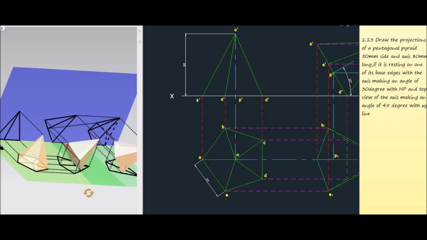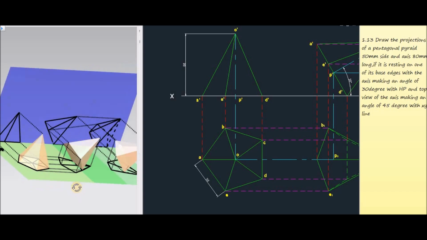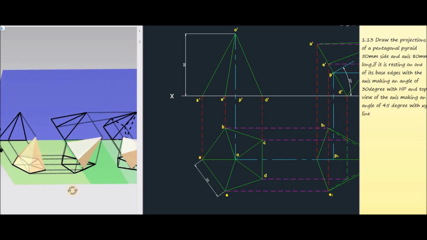So first of all, consider the three-dimensional representation of the question. This is the case of a pentagonal pyramid, and this pentagonal pyramid is resting on one of its base edges, and that base edge and the axis of the pyramid make 30 degrees with the horizontal plane, and again it makes 45 degrees in the top view.